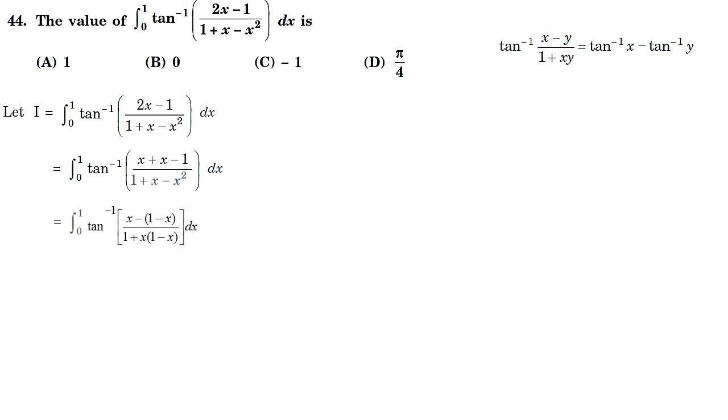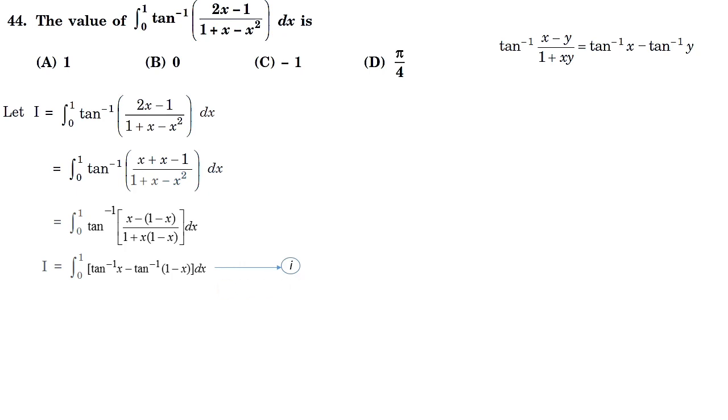So I is equal to integral 0 to 1 tan inverse x minus tan inverse y, first term minus second one. So tan inverse of x minus tan inverse of 1 minus x dx. Let it be equation number 1.